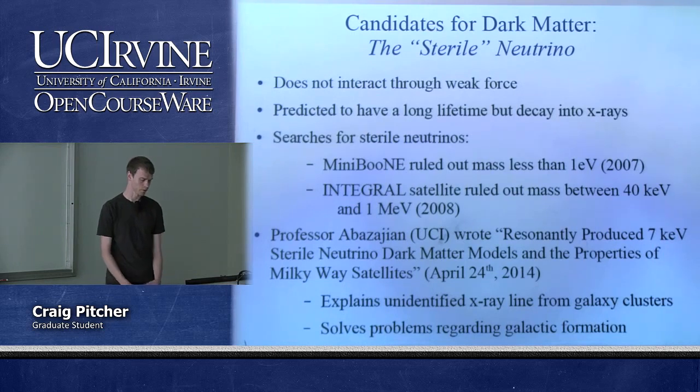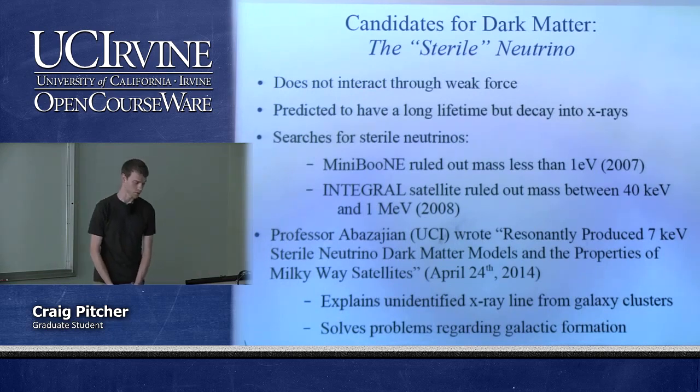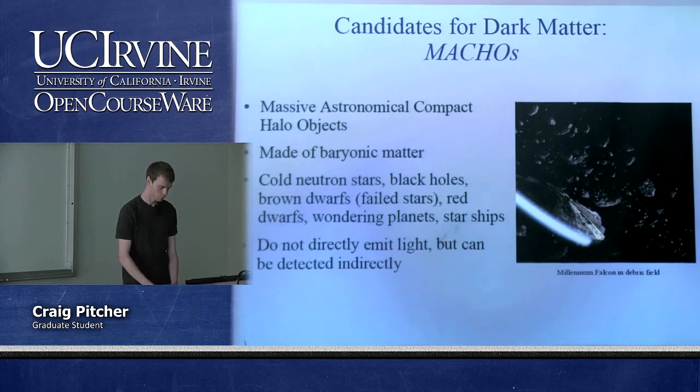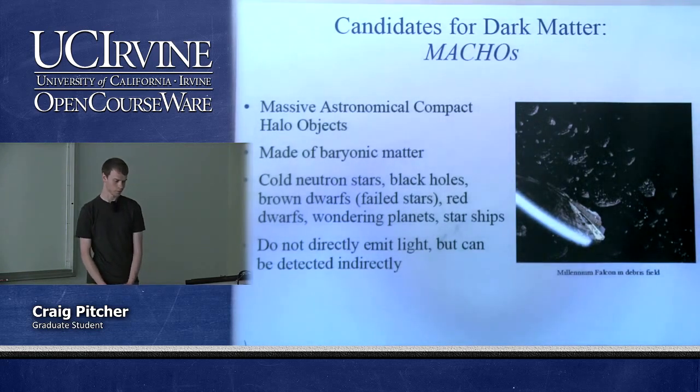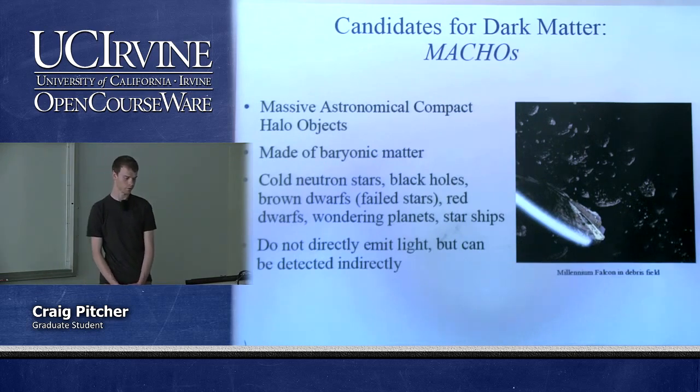But basically, in his paper, he explains the unidentified X-ray line from galaxy clusters, with the X-ray source being the decay of the sterile neutrinos. He also attempts to solve the problem regarding galactic formations. So sterile neutrinos may or may not be the dark matter particle.